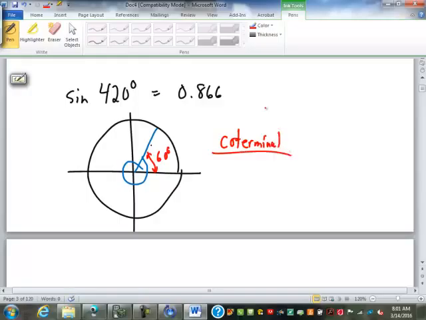When you're asked for the simplest coterminal angle, it's asking for an angle between 0 and 360. So 420 degrees, its coterminal angle would be 60. So sine of 420 is really the same as the sine of 60 degrees. Now, this is important in a lot of applications.